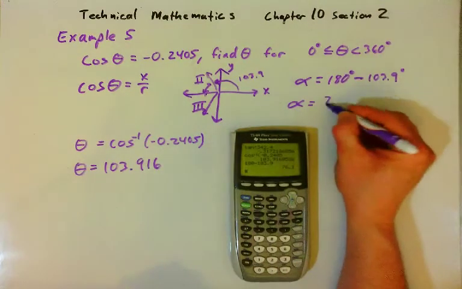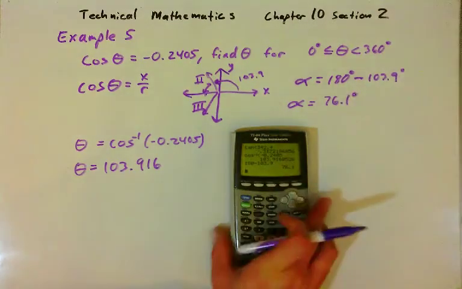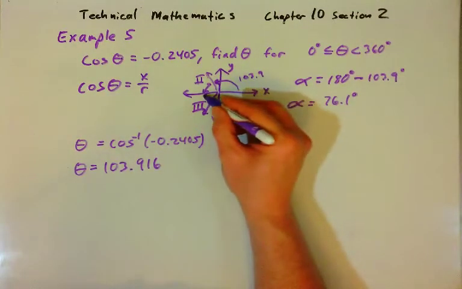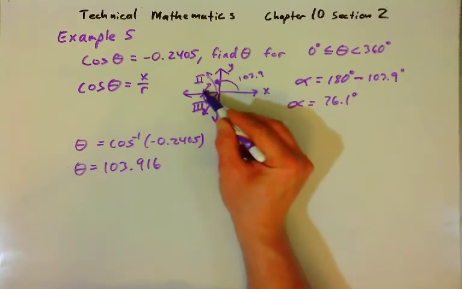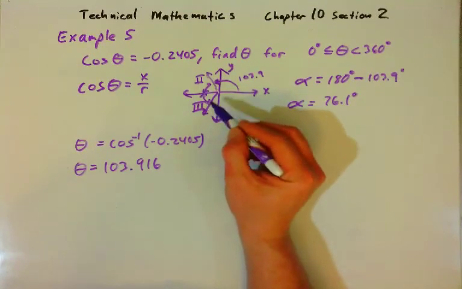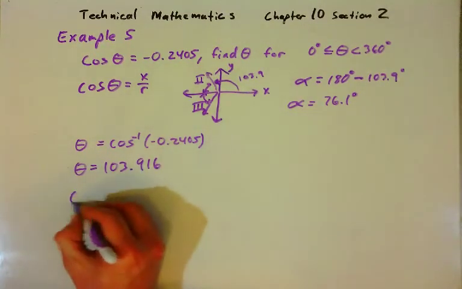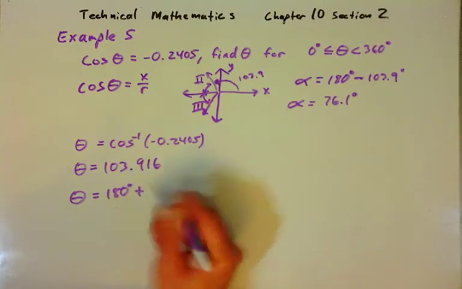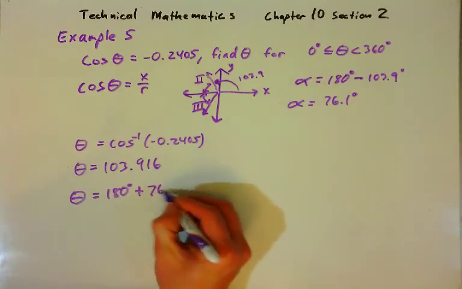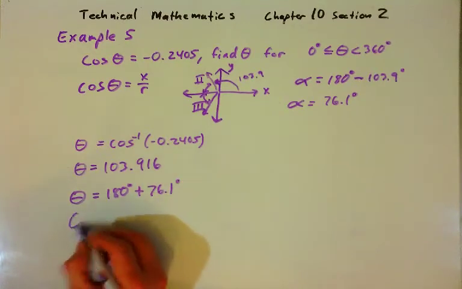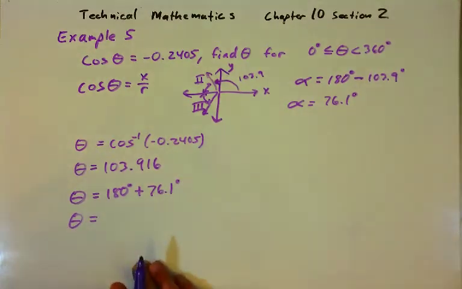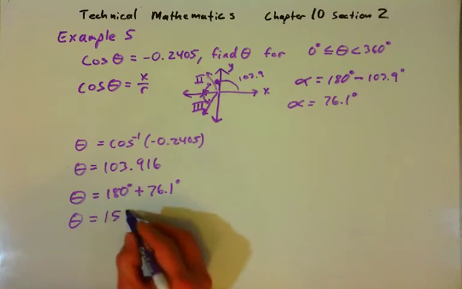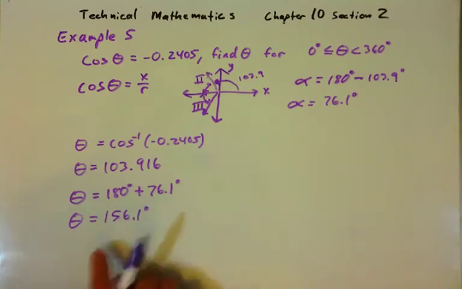The reference angle is 76.1 degrees. And so that must be this same reference angle. So the second theta must be 180 plus that reference angle, right? So our second possible answer must be 180 plus our reference angle, 76.1 degrees. And so our theta will be, looks like 156.1 degrees.